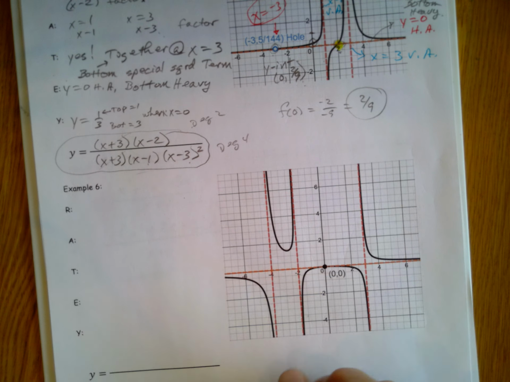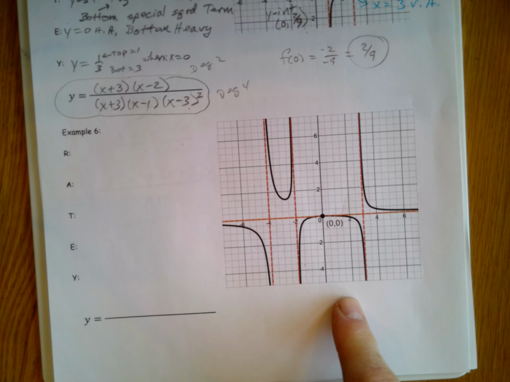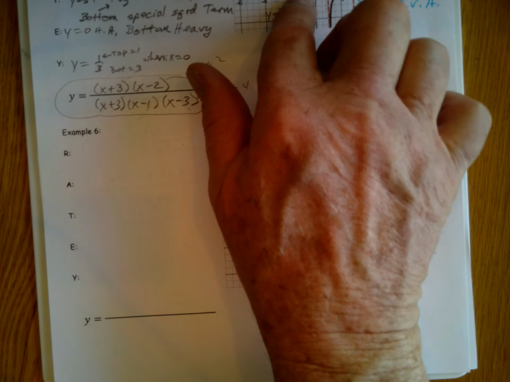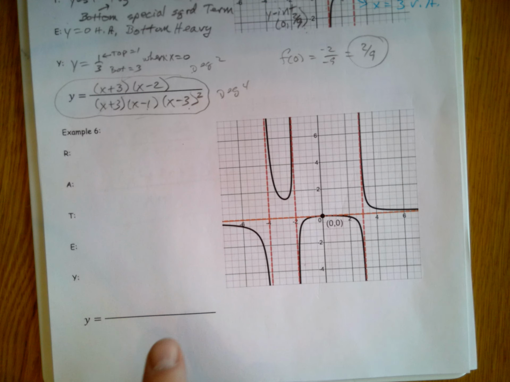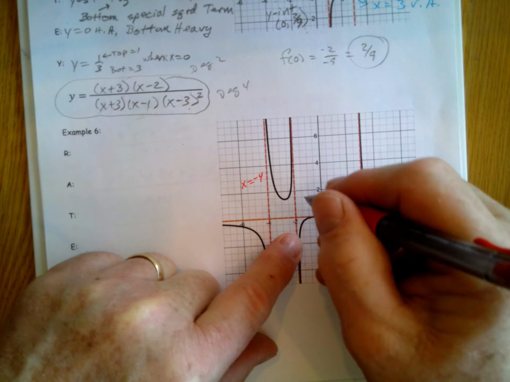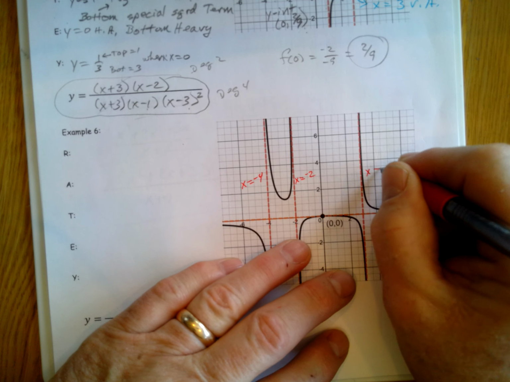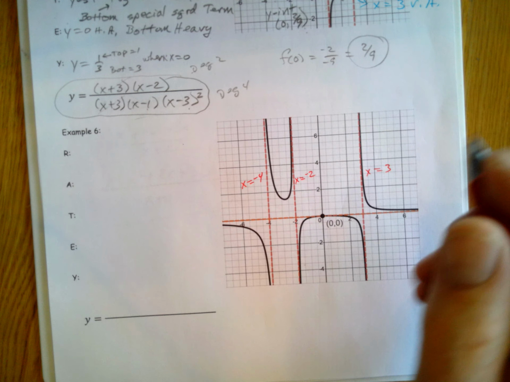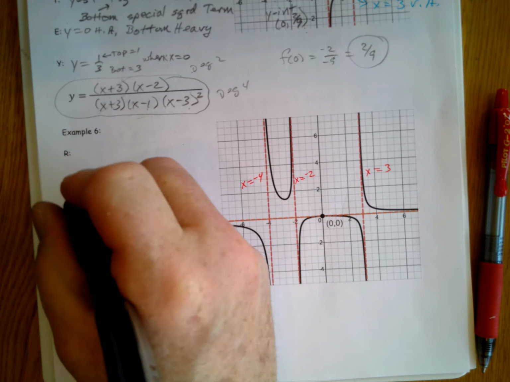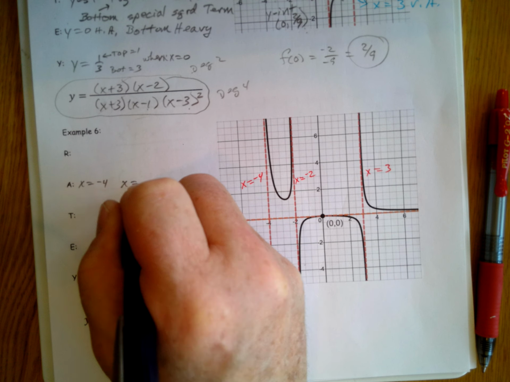Give it a try. It looks super busy, but if you think about what I did up here and go step by step, just to get you started, x equals -4 is a VA. X equals -2 is a VA. X equals 3 is a VA, which means right here you're going to go x equals -4, x equals -2, and x equals 3.